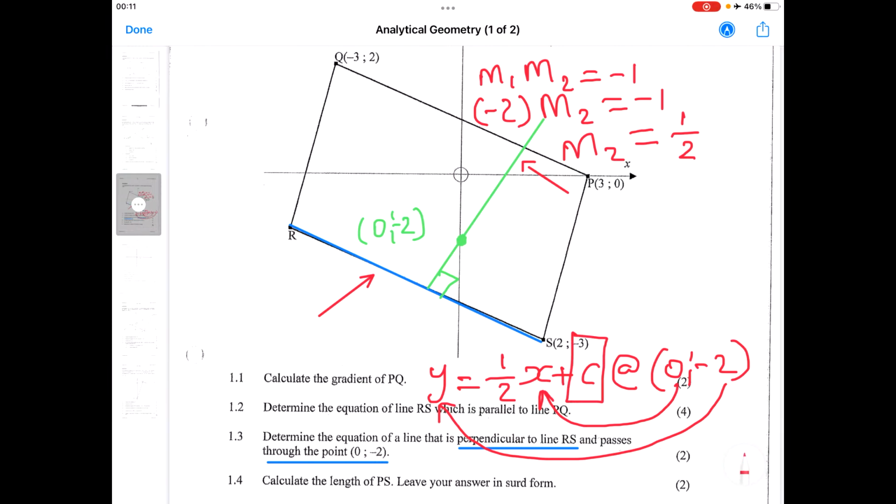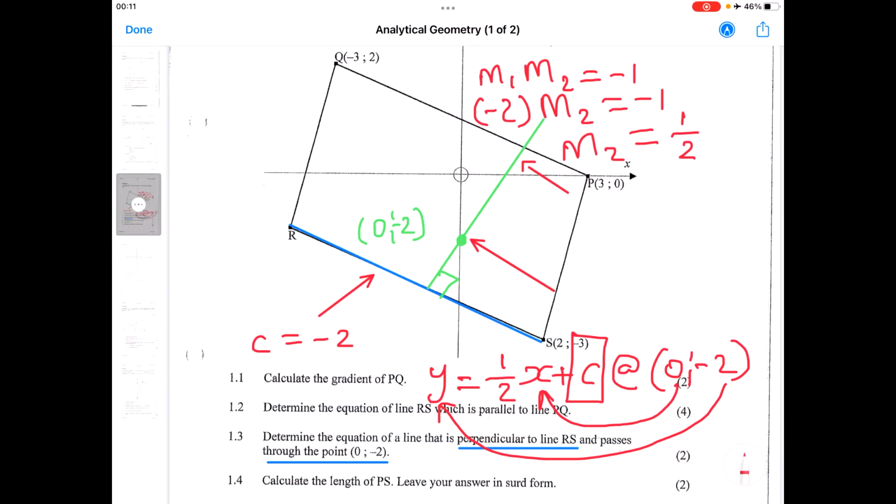So in this case, we might not even need to assume. I just noticed something. It is going to be -2. Why? Because already c refers to the y-intercept, and we already know that.